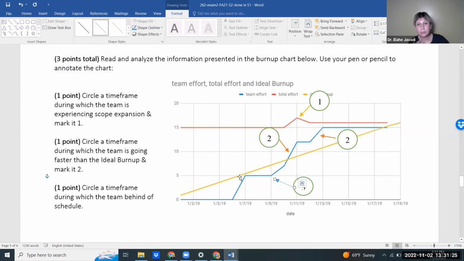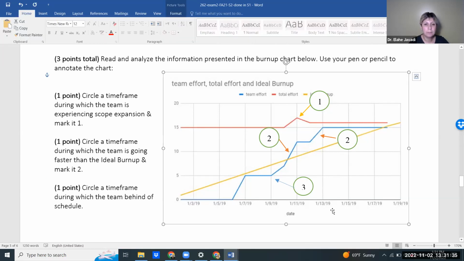So class, I don't want you to feel like it's something surprising if I give you burn down or burn up. Just use the same logic. Michaela, are you able to see that now? Does it make sense to you now? Yeah. Okay, here we're behind and there we're ahead.